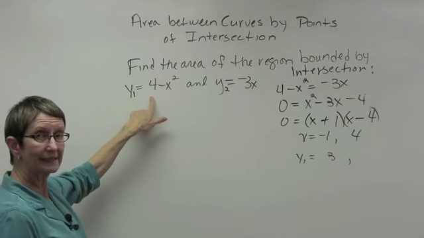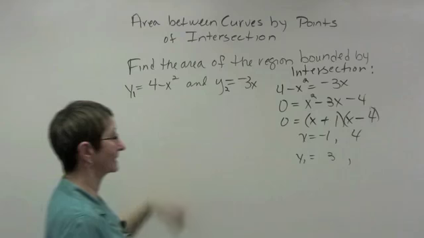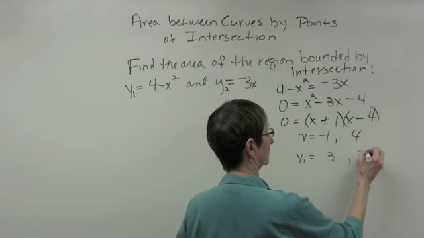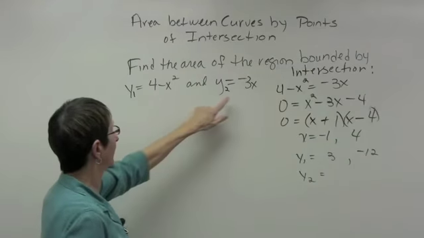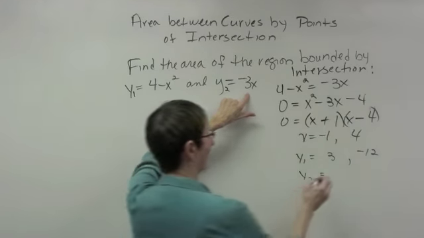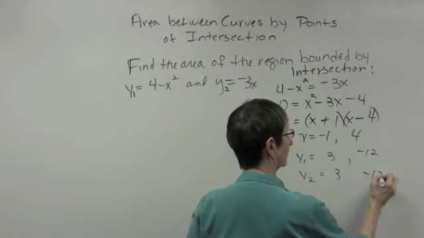When I have x equal to 4, 4 4s are 16, 4 minus 16 is negative 12. For y2, if I plug in negative 1, I get my 3, and I plug in 4, and I get negative 12.